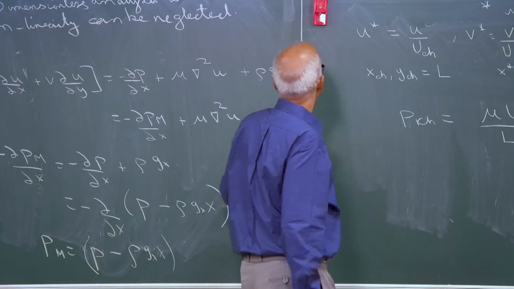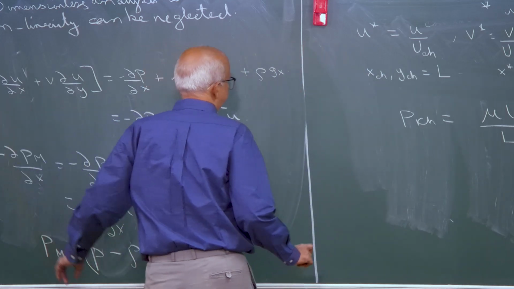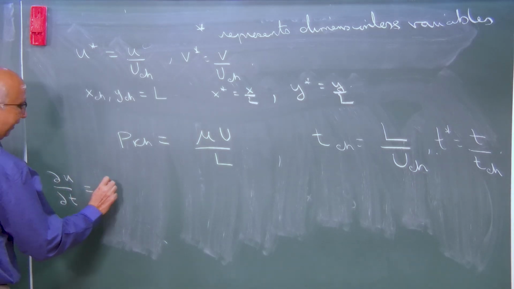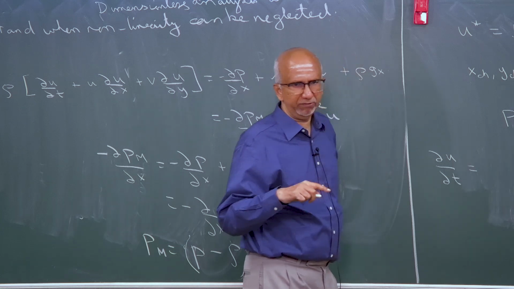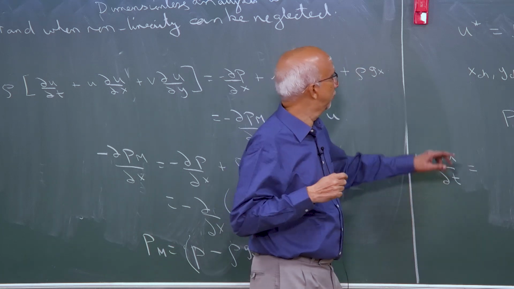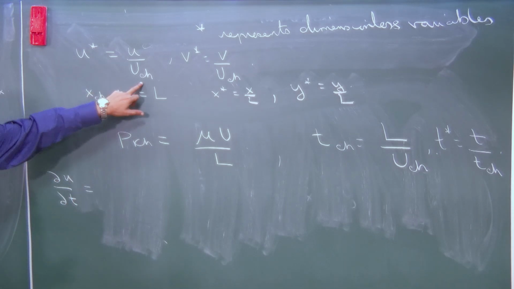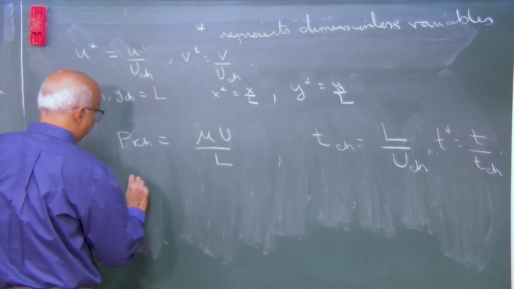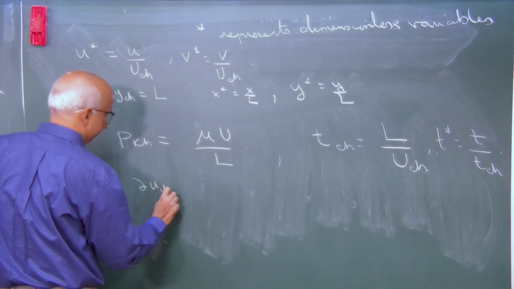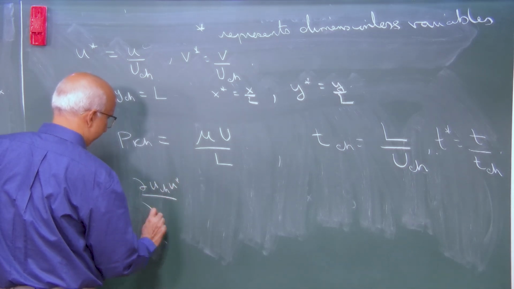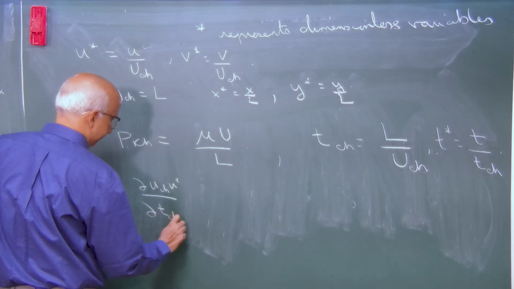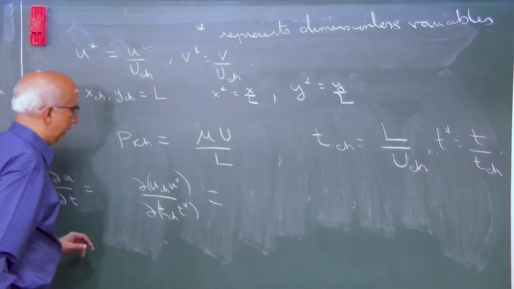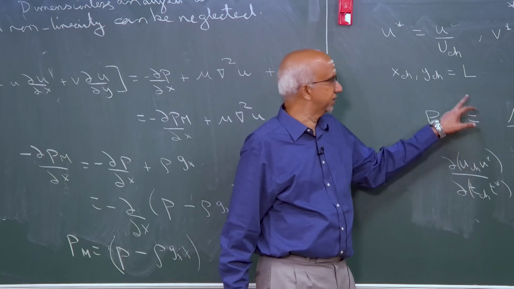So, I am going to look at the first term here, du by dt. I am going to write everything in terms of the star variables, okay. So, u is nothing but u star multiplied by u characteristic, okay. This is therefore d of u characteristic multiplied by u star divided by d of t characteristic t star. Clearly, the characteristics are all constants, okay.